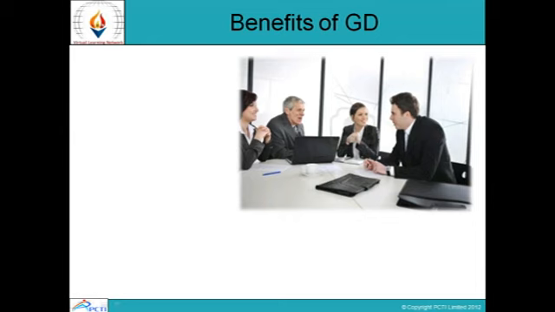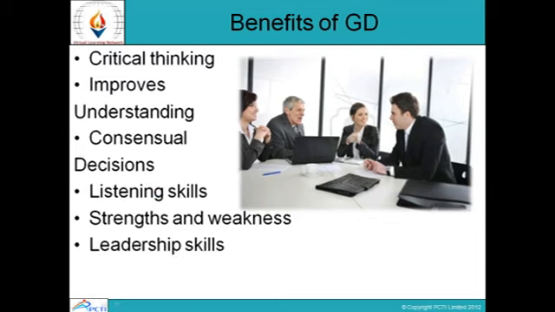Next comes the benefits of GD. It promotes critical thinking. It gives a chance to find out the root cause and issues and solve the problem in a systematic manner. It also helps people to agree and come to a single decision, meaning consensus is reached.